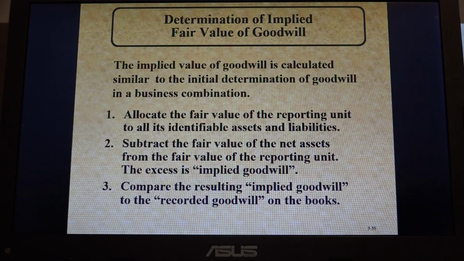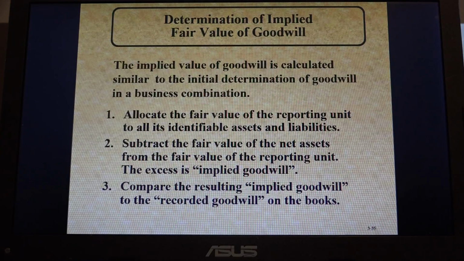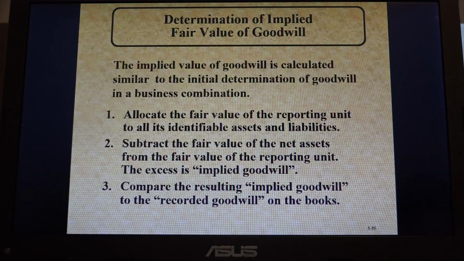And then what you have to do is compare the implied goodwill with the carrying value, and if implied goodwill is less than the carrying goodwill, the recorded goodwill, then you have to take a loss for the difference.